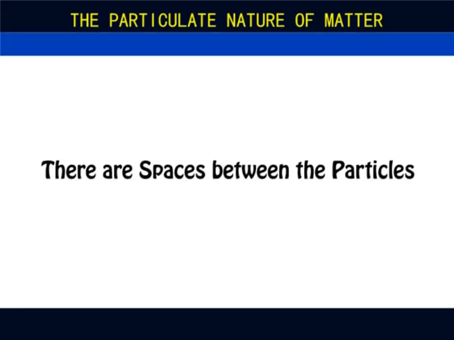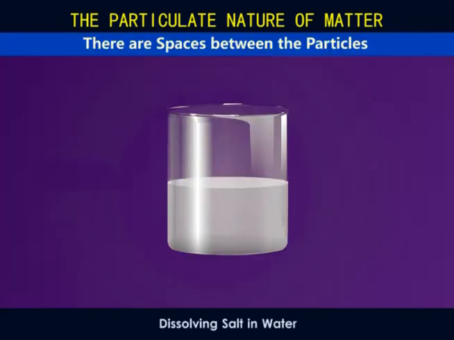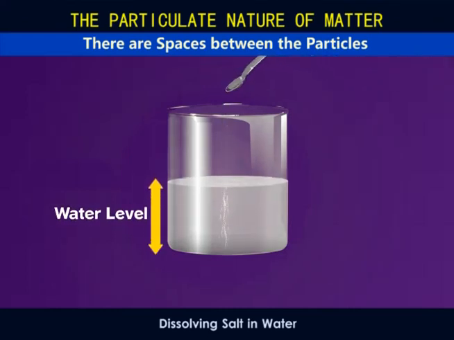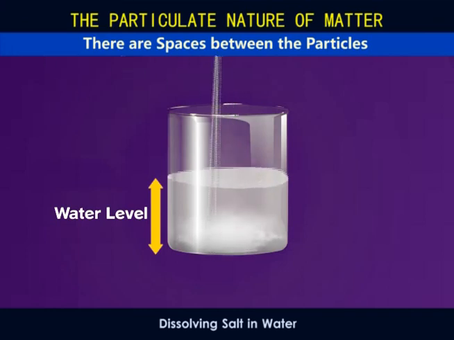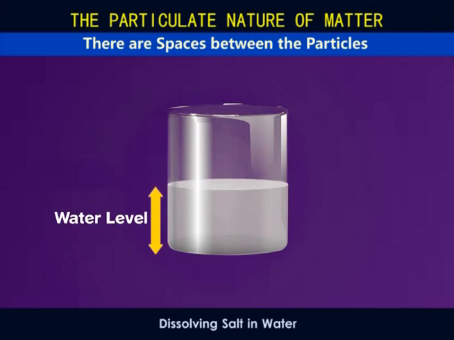Secondly, that there are spaces in between the particles. We can demonstrate this using salt dissolving in water. First, we note the level of water in the beaker. After stirring, all the solid salt disappears into the water, but the level of water doesn't change.